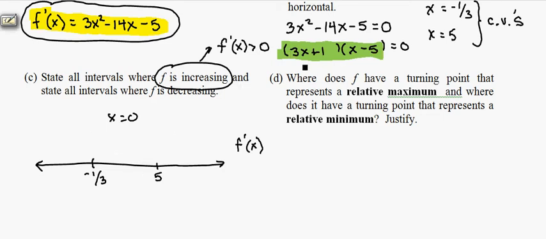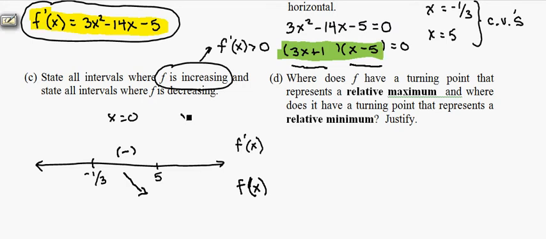So if we take x equals 0 and we substitute it into 3x plus 1, we get a positive. And if we substitute it into x minus 5, we get a negative. A positive times a negative obviously gives us a negative, and that means that the original function f must be decreasing. A lot of times students will put a little not f prime, but f of x down here so that we understand what that arrow is telling us.